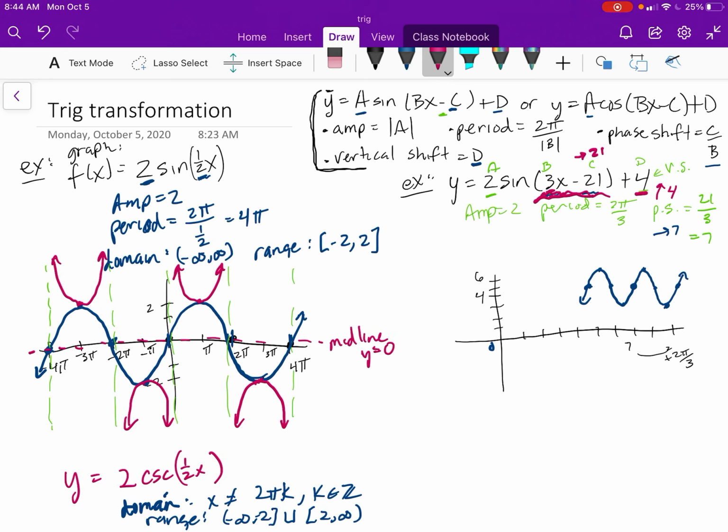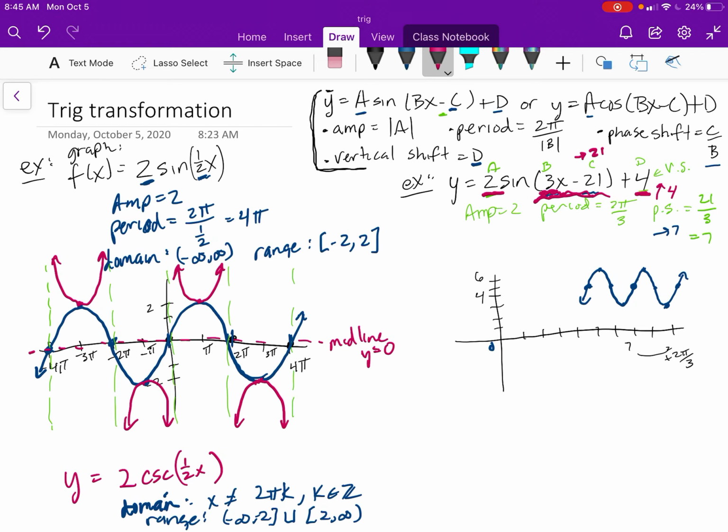But I just wanted to point out, having an understanding it is getting shifted right, and then it is shrinking because of that 3, right? And it is being vertically stretched, which we call amplitude, and the shift up. There are many correlations between the old way of doing transformations and doing this with trig. It's just now we call certain things a little different, right? We have this amplitude and a period, and instead of a horizontal shift, we just call it a phase shift.